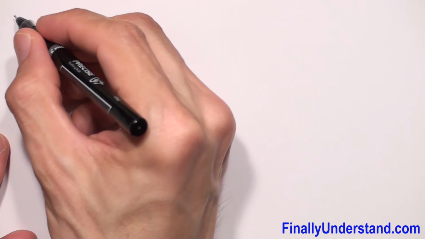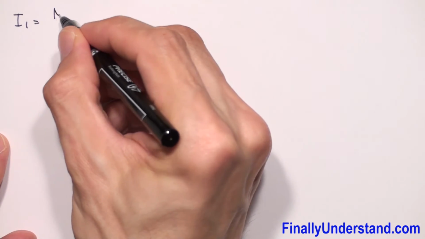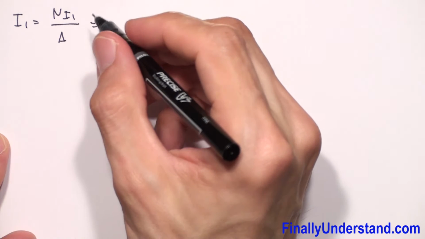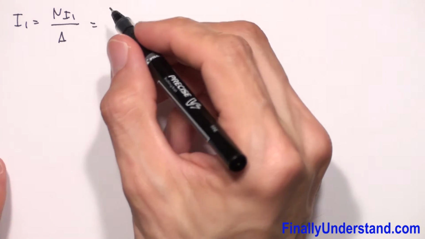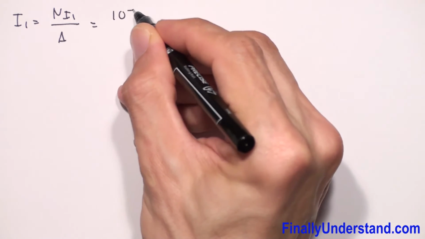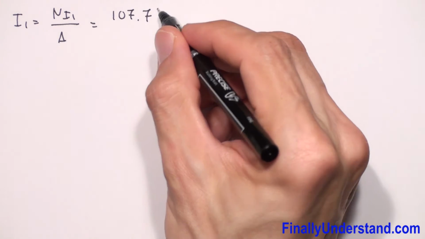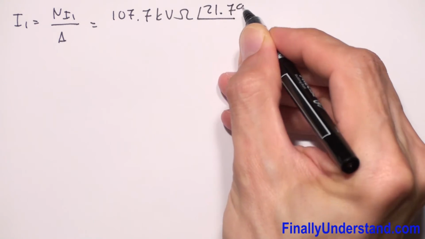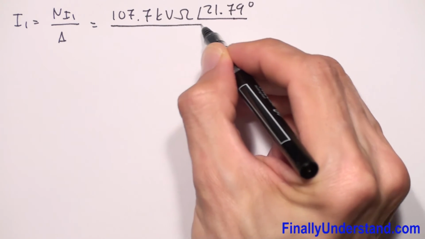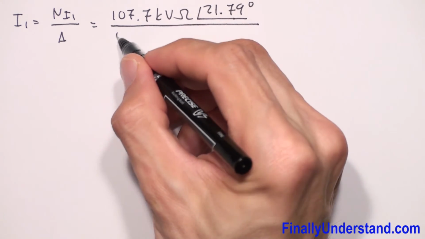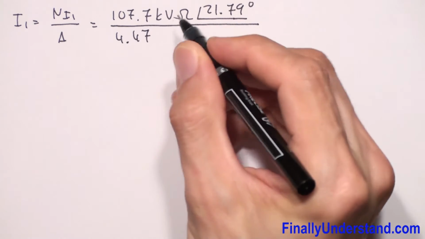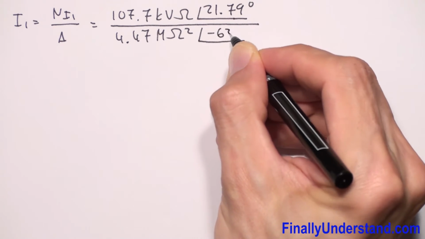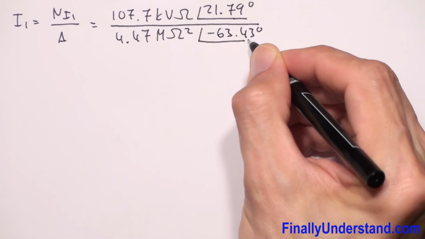Now we can find the current I1. I1 is equal to NI1 over delta, where NI1 is equal to 107.7 kilovolt ohm and angle of 21.79 degrees divided by delta, which is equal to 4.47 mega ohm square and angle of minus 63.43 degrees.